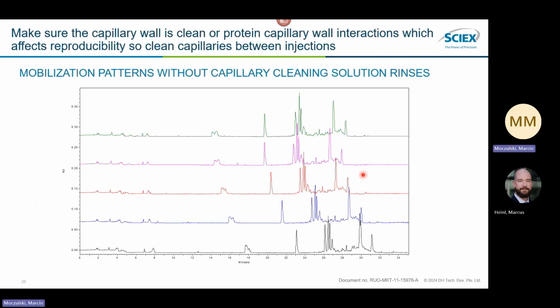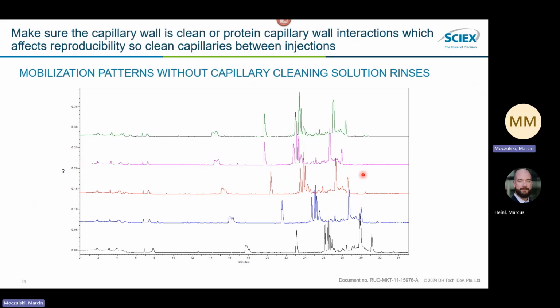Another critical point of this method is appropriate capillary cleaning, where we have an established step in the method where cleaning is performed using pure formamide. Alternatively, a relatively high concentration of urea, 4.3 molar, can be used for capillary cleaning.